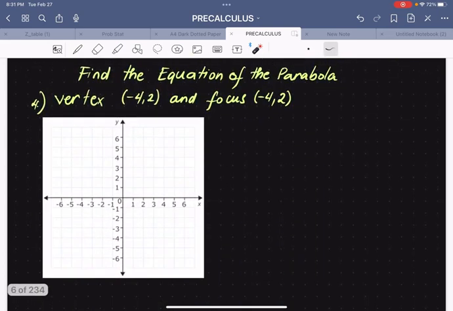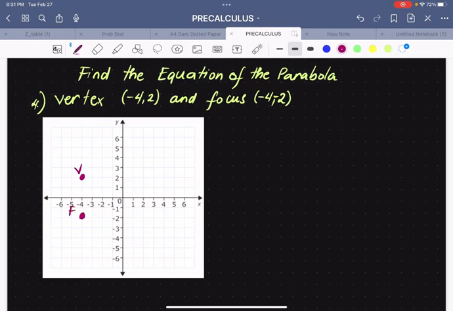For number 4, find the equation of the parabola, vertex at (negative 4, 2), and focus at (negative 4, negative 2). Let's plot the vertex, negative 4, 2. So the vertex is located here, and the focus is negative 4, negative 2.